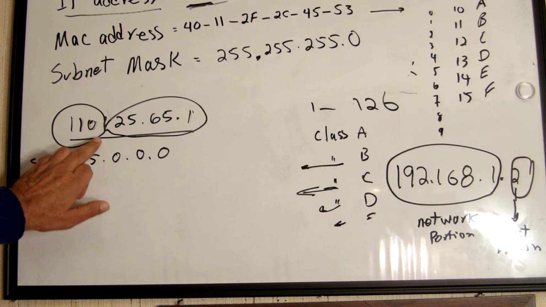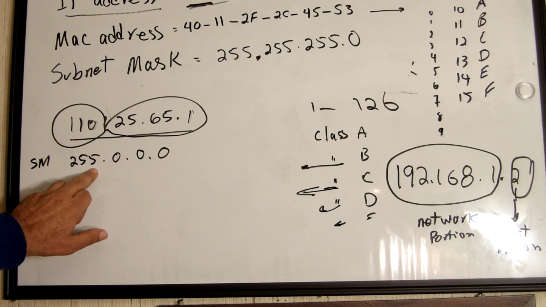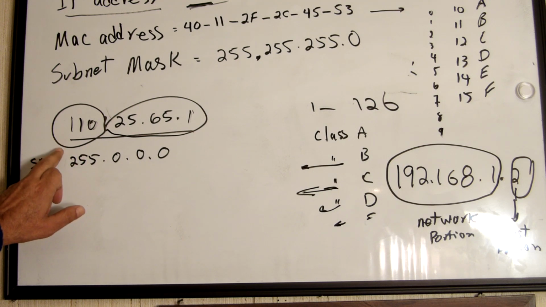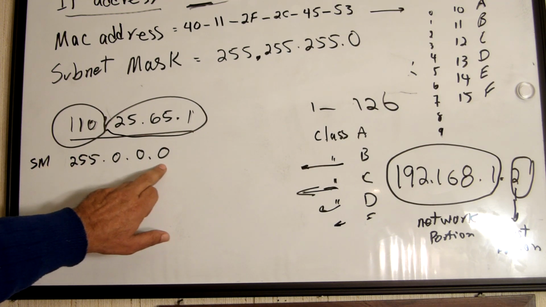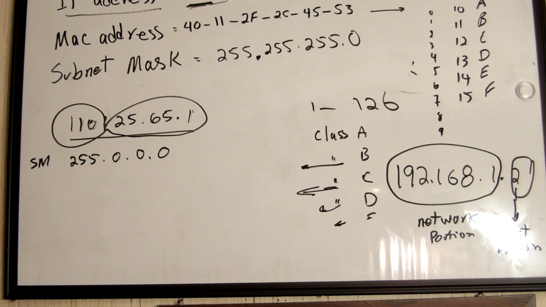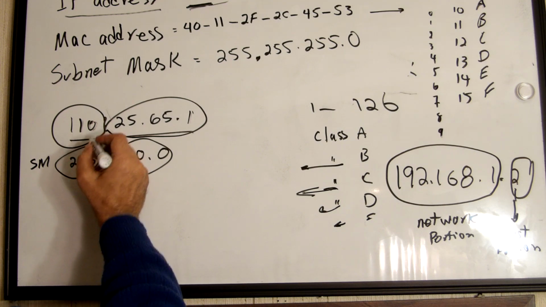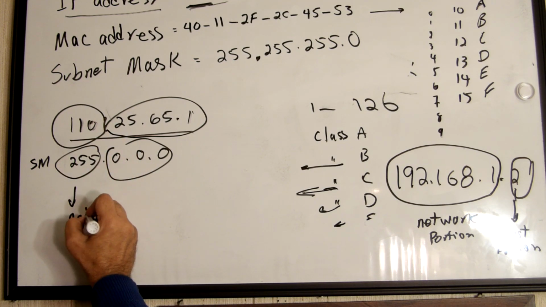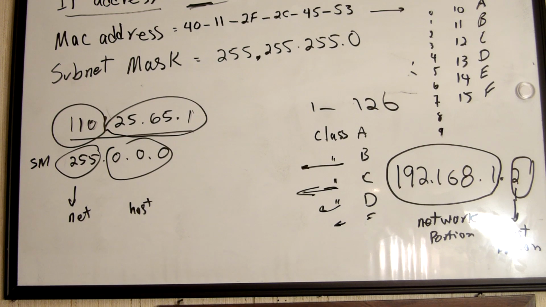This is 110, which means class A, and the 255 is the network portion, and the zeros are the host portion. So this is the subnet mask, showing the network portion and the host portion.